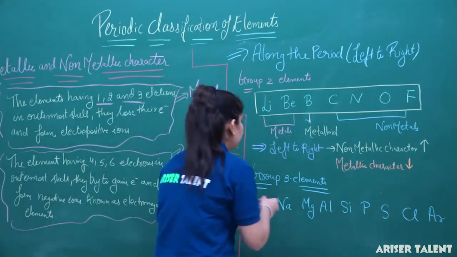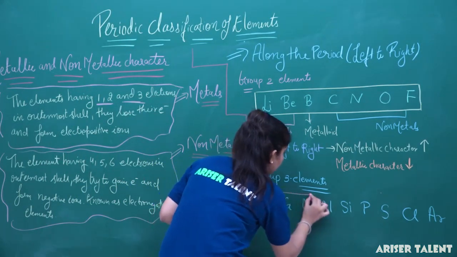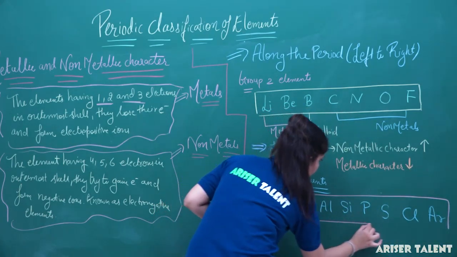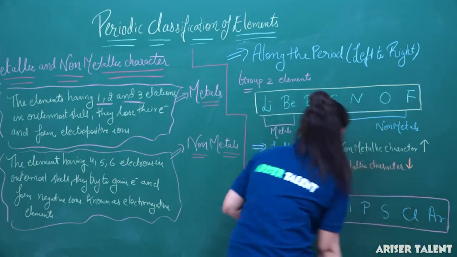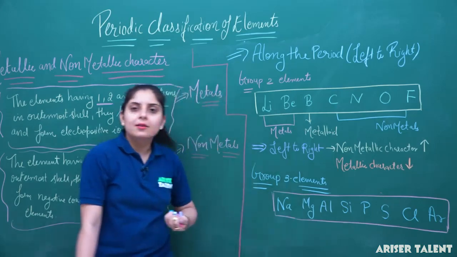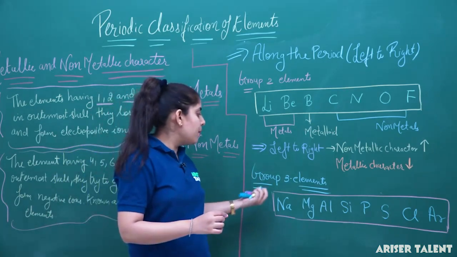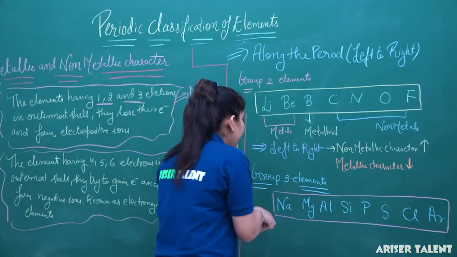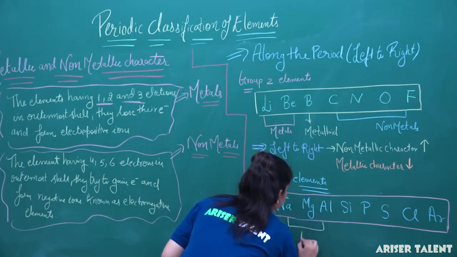Now, let us see sodium, magnesium, aluminium and silicon. We know that sodium, magnesium and aluminium, these all are metals.